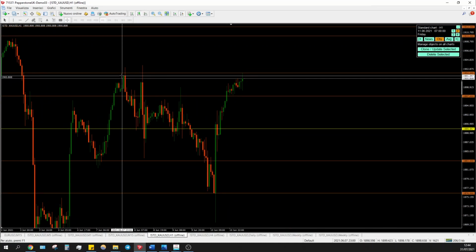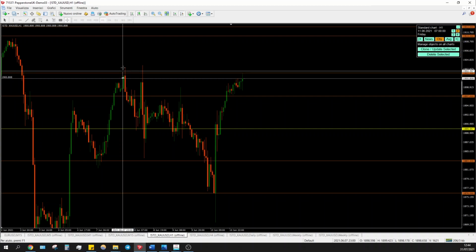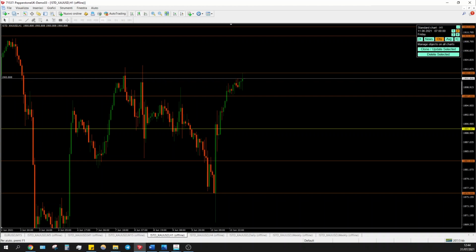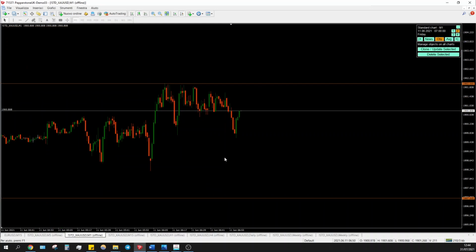Since this is the closure, these are the wicks. There's not a specific price level where we want to say it failed to break. We use the key levels as a price point reference, but the concept is the same. It's Friday after a big move. So let's jump on the 1 minute.